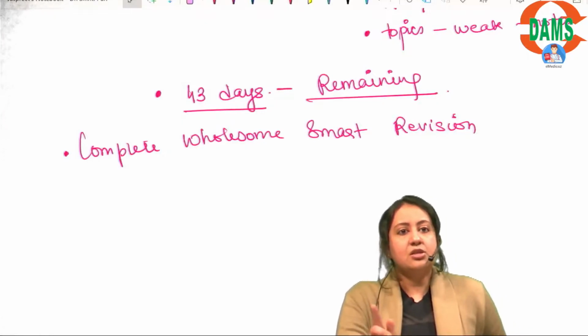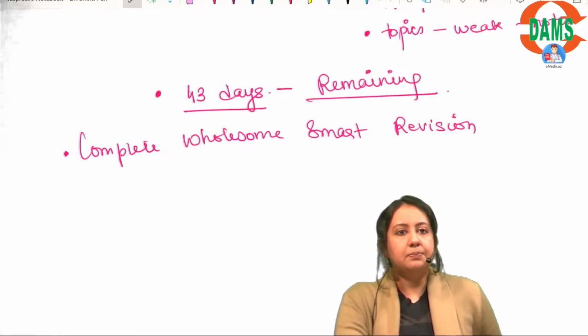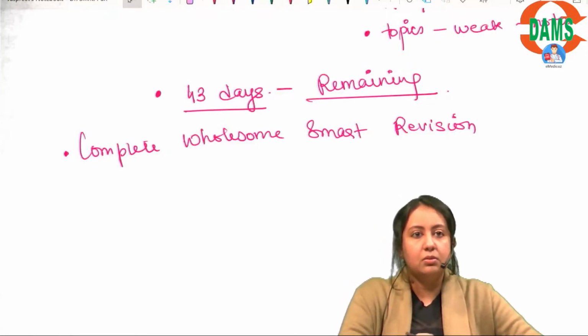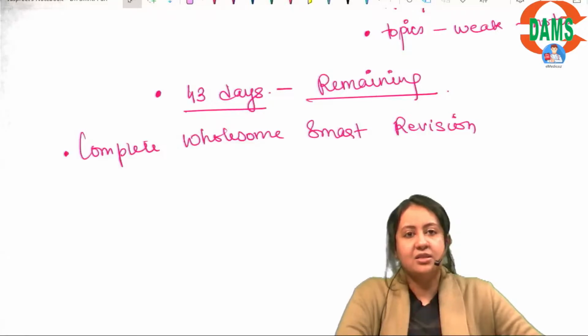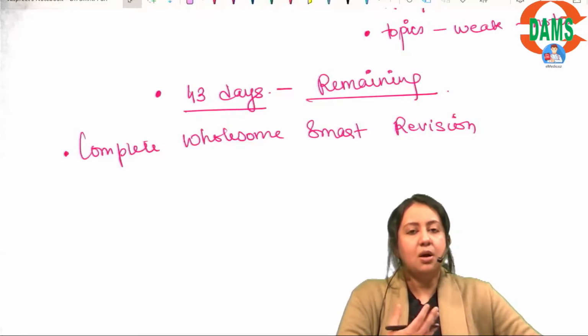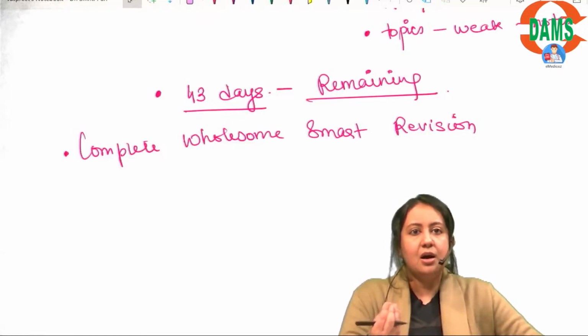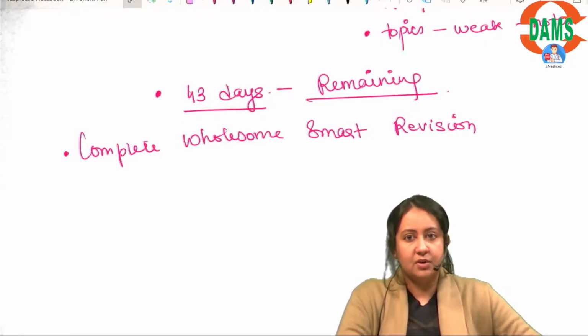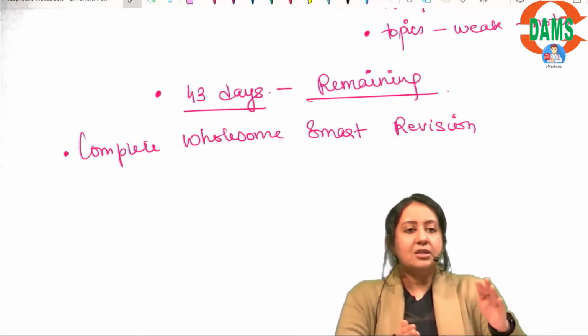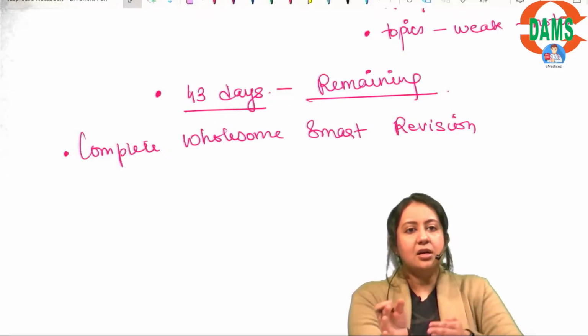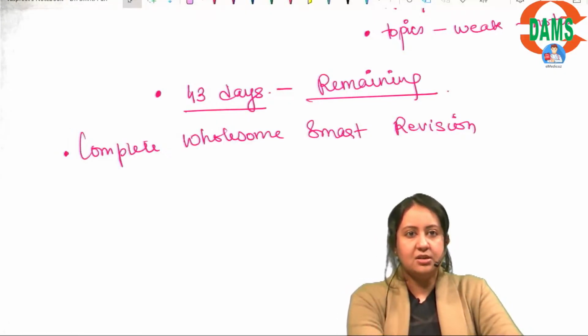I would suggest do all your medical or basic sciences subjects first, because we all tend to be a little lagging in those subjects. Because every student has his or her own individual needs, I'm not giving a proper timetable, I'm just giving you an outline of what needs to be done.